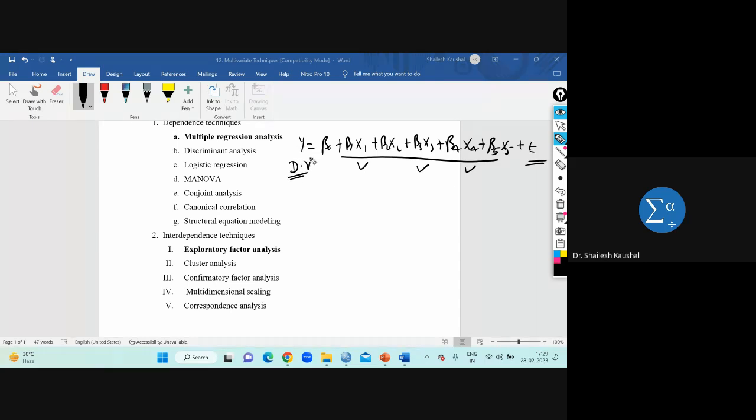Out of the 5 independent variables, only 3 are significantly contributing to the dependent variable. So my final model would be beta 0 plus beta 1 x1 plus beta 2 x2 plus beta 3 x3. This is my main model.